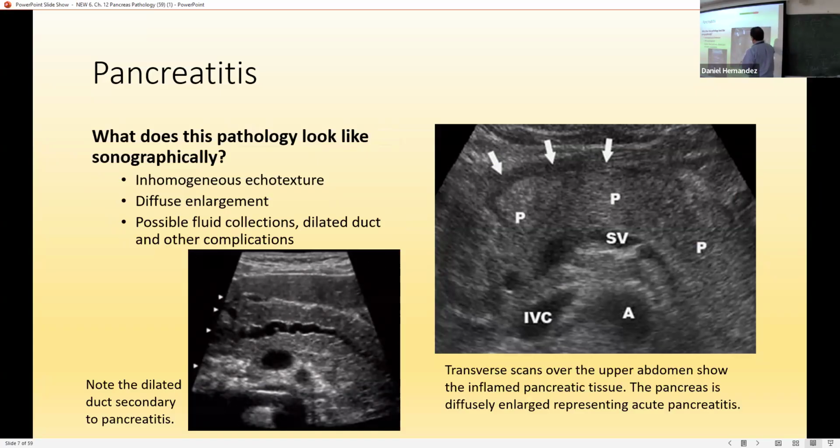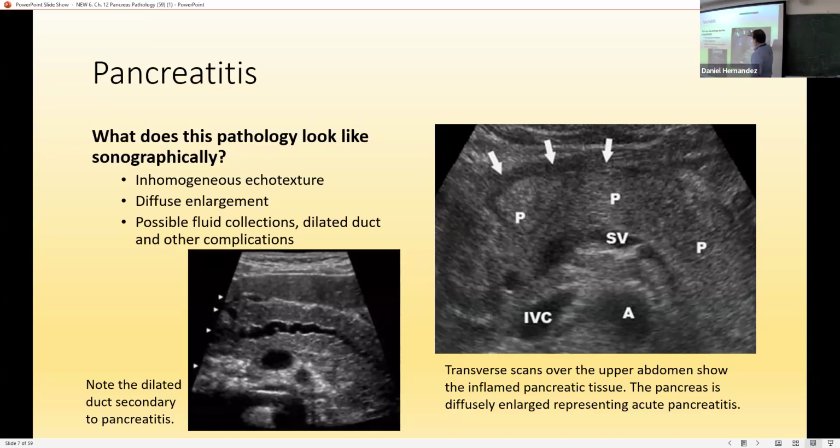In areas that are really inflamed, we aren't getting that nice smooth echo texture. It looks more spongy. It's definitely thickened, so instead of having a nice thin body and neck, the pancreas becomes enlarged, becomes thickened.